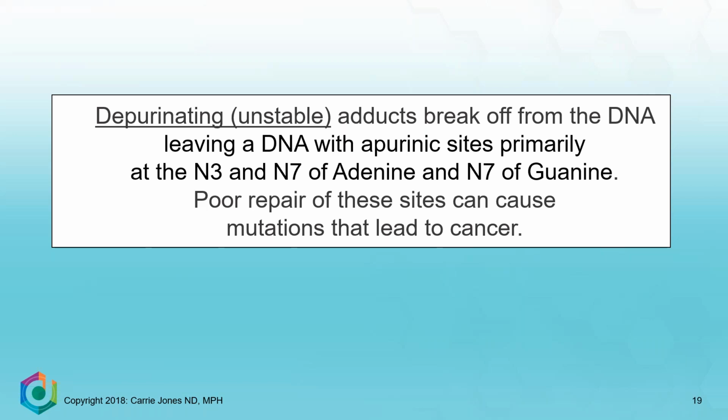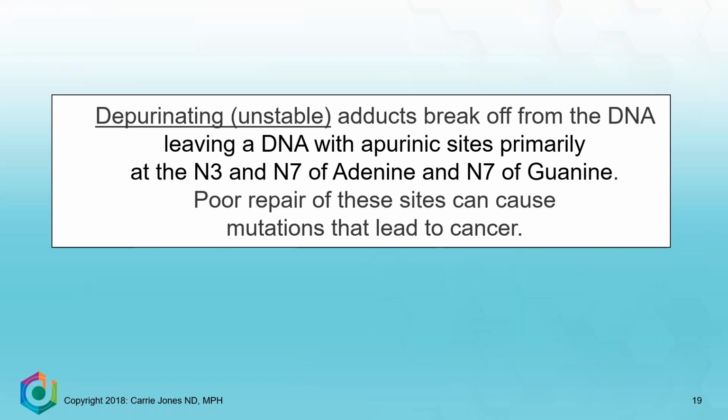And when it has to clean up 1 or 2 holes, as an example, not so much of a big deal. Your DNA repair system can probably get it right and keep up with it. But let's pretend you have a lot of DNA adducts that are breaking off. You have a lot of unstable adducts. Now your DNA repair system might get lazy, sloppy, overwhelmed. Think of it like a factory that's trying to produce a product way too fast.